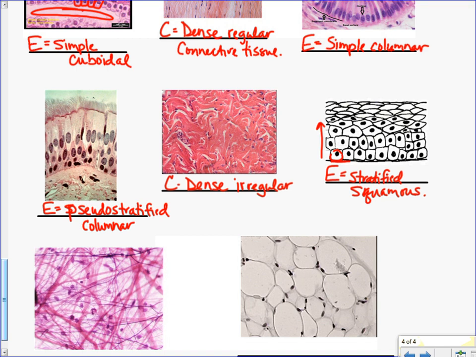The stratified columnar and the stratified cuboidal, we don't have a lot of those cells. We don't need to spend a lot of time talking about some cells that we only find in a few different places when we could really learn about the cells that are used all the time every day in our bodies. So stratified squamous sometimes looks a little cuboidal at the bottom, but if it's many layers and it looks squished at the top, it's squamous. If it really were stratified cuboidal, these would still look big and plump at the top here. And they don't. They're squished.